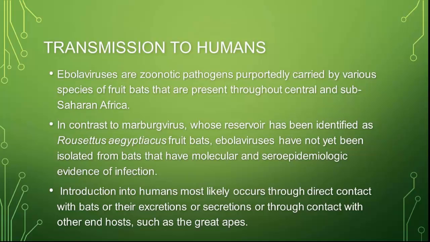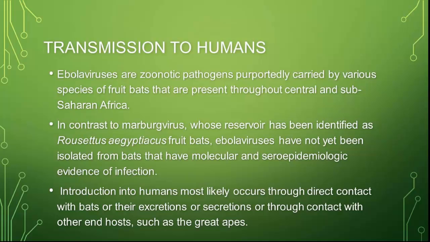So these are zoonotic pathogens. They are presumably carried by various species of fruit bats. These are the theories present throughout Central and Sub-Saharan Africa. And again, in contrast with the Marburg virus, whose reservoir has been identified as the fruit bat, Ebola viruses have not yet been isolated from bats that have molecular and seroepidemiologic evidence of infection.